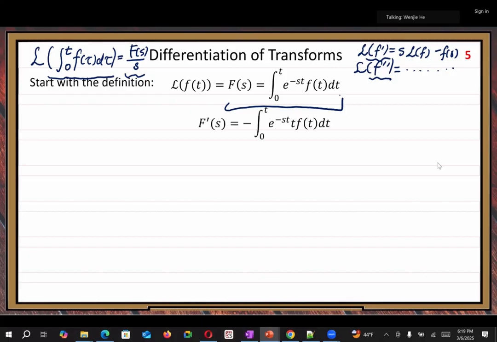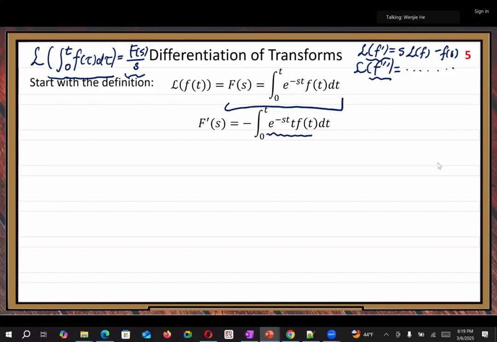So we have that. How about we take derivatives on both sides? In calculus, we have a theorem like this. If you take the derivative on this side, you just take the derivative inside, okay?